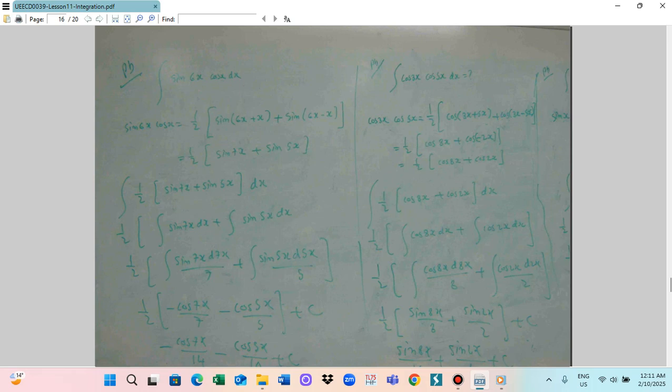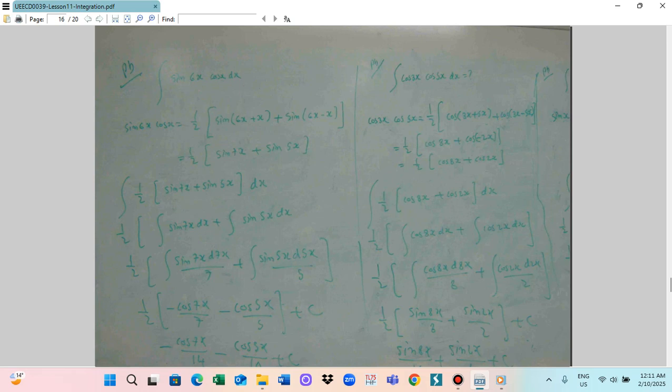So now we substitute: the integration of half into cos 8A plus cos 2A dA. So this becomes a half integration of cos 8A dA plus integration of cos 2A dA.